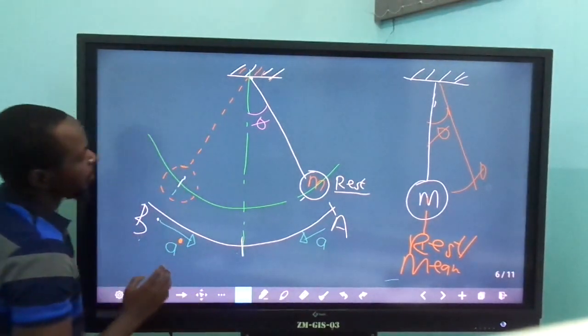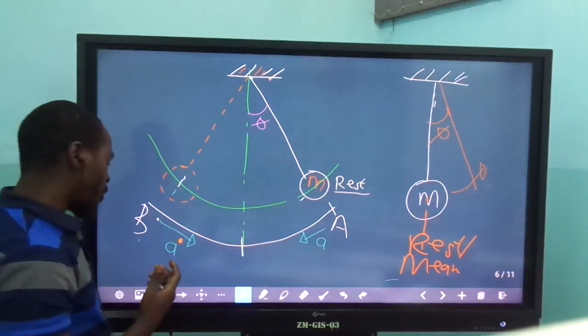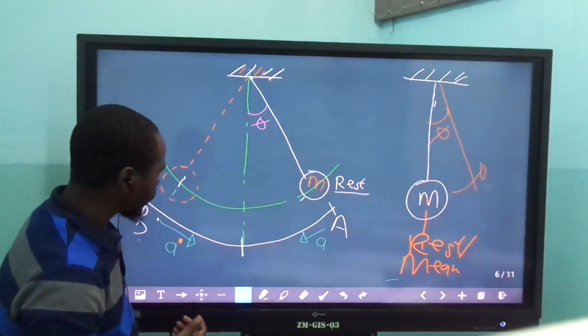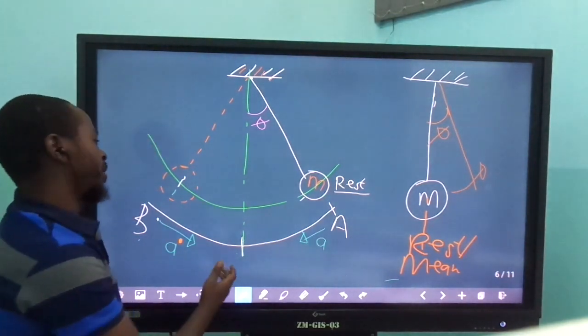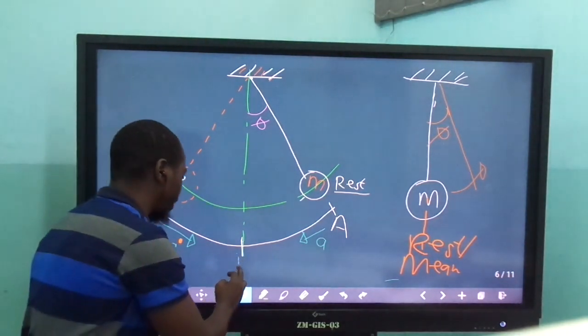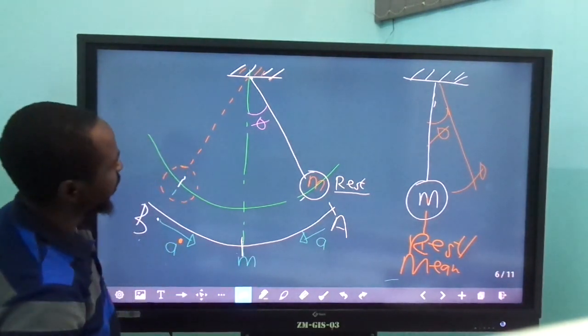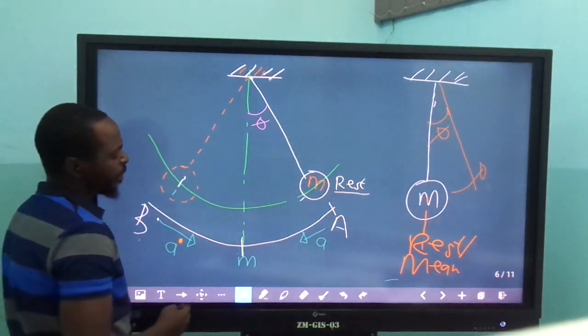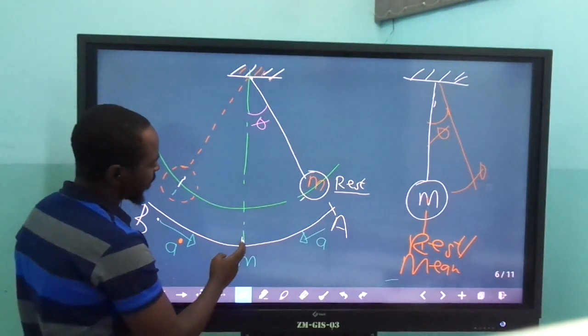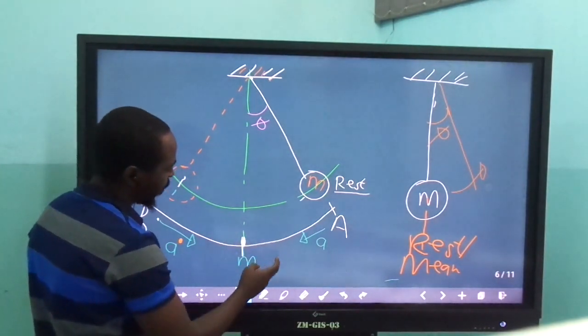The acceleration must be proportional to the displacement from the mean position. This is the mean position. Now, the displacement from the mean position is the distance from this point to whatever point.